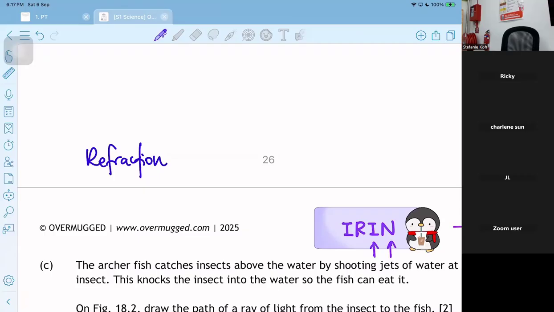Where's the image? Where's the eye? This is the real incident. This is the real. Where's the eye?